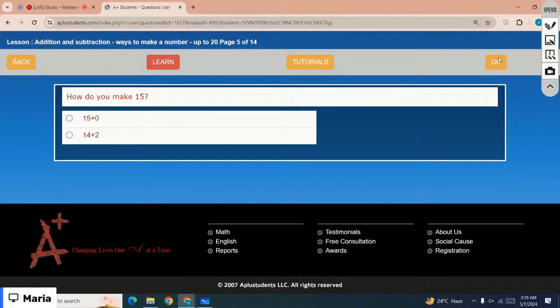How do you make 15? Which is the correct option? Option 1 or option 2? Which one makes 15?